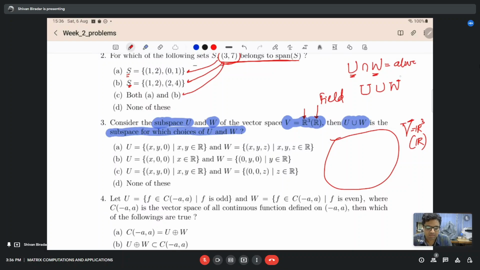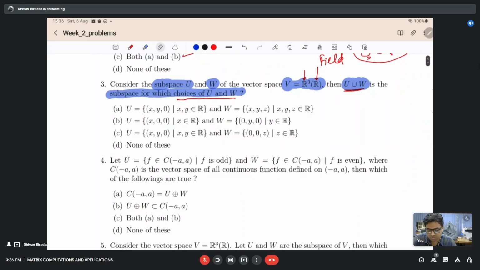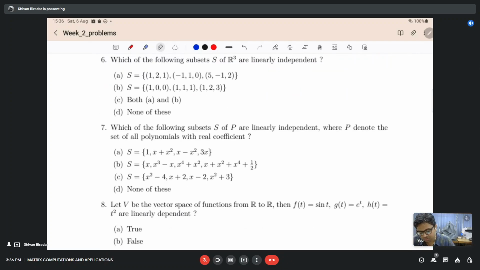There is no guarantee that U union W is always a subspace, even if U and W are subspaces. That's why they are asking for what choice of U and W you would get this as a subspace. Let us look at this problem in a more geometric way, which will be more intuitive.